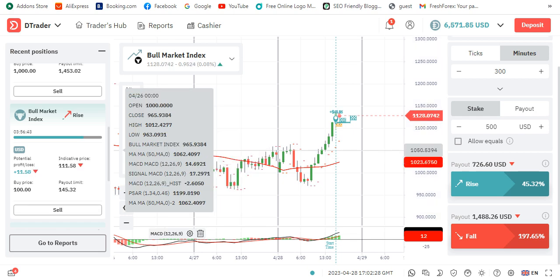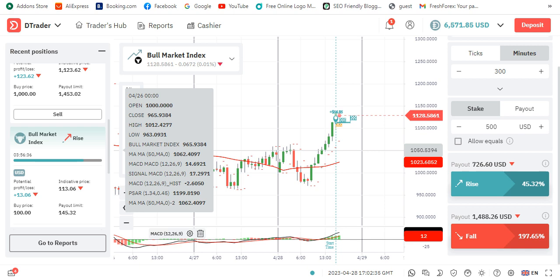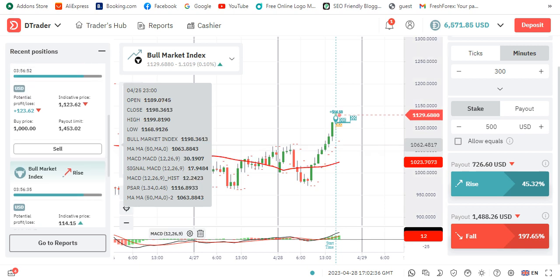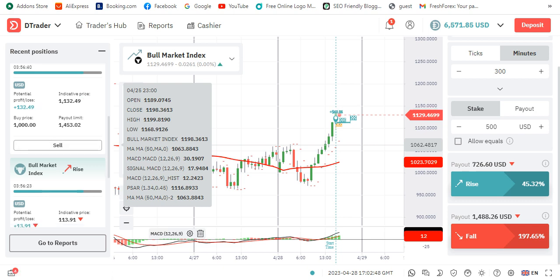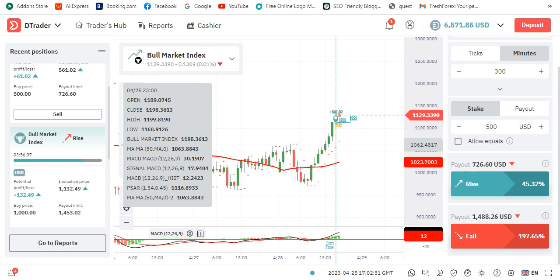I entered with $100, and right now it's making $13 profit. But look at another trade I entered with $1,000. It's making $136 or $129 profit. So you can see that I entered these trades with different amounts at the same time, and they are making different amounts.